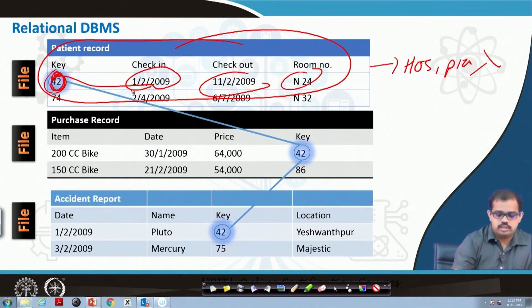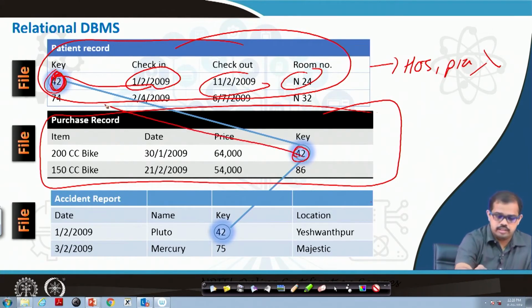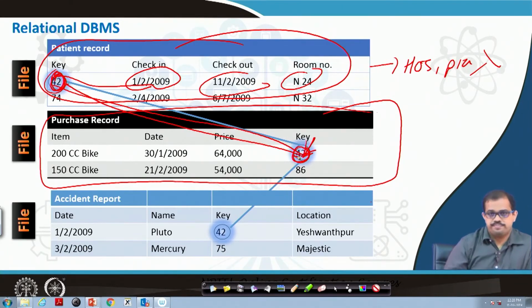So, he or she will gain access to this particular table in the same database. That relationship is built with this particular key. So, this is a primary key in this particular table, and the same primary key is used as a key here, where it becomes a foreign key. Okay. So, the relationship is built with 42.